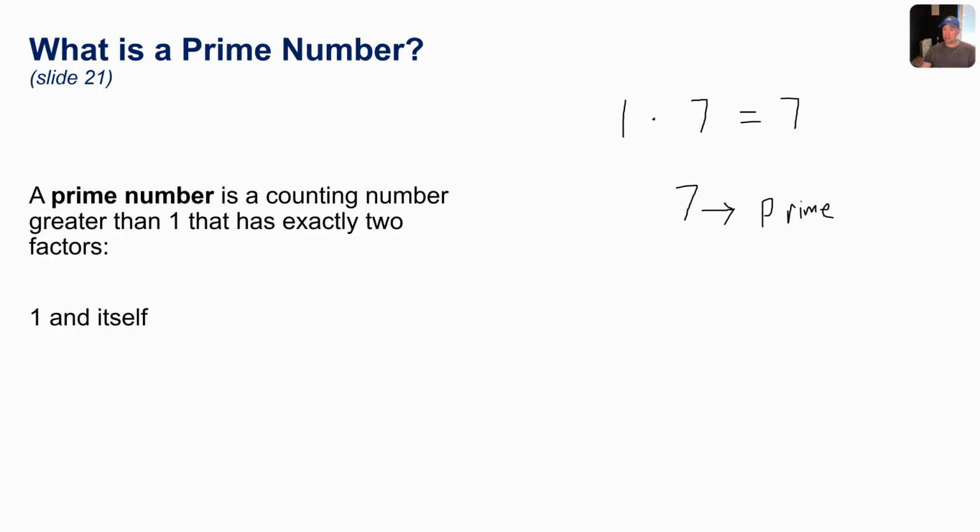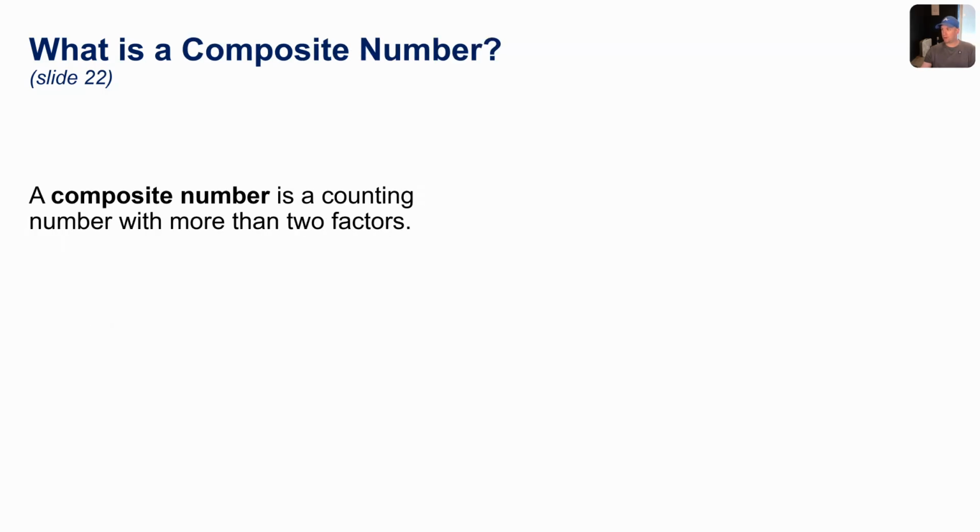Now, the other category of number when we talk about prime numbers is what's called a composite number. A composite number is a counting number with more than 2 factors. More than 2 factors. So for example, if I have the number 12 here, the factors of 12 include 1 times 12, which equals 12.